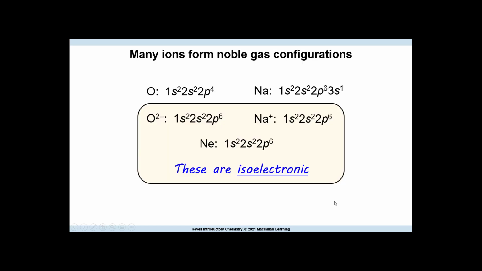Okay, now let's look at something interesting, which may be confusing at first. Oxygen gained 2 electrons, and we see that it has an octet. The oxide ion has this configuration, and the neutral has this. Sodium has this as a neutral, and it has this as an ion. Do you see a trend here? They look exactly alike, even though this one lost an electron and this one gained 2.